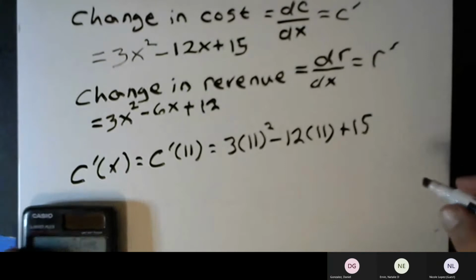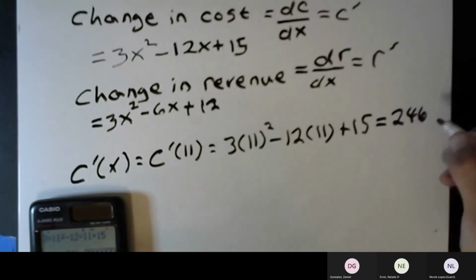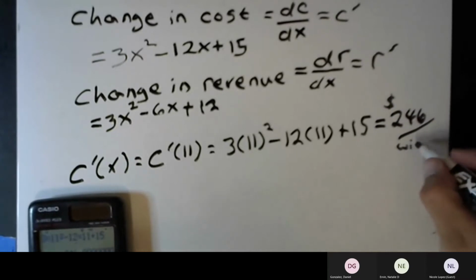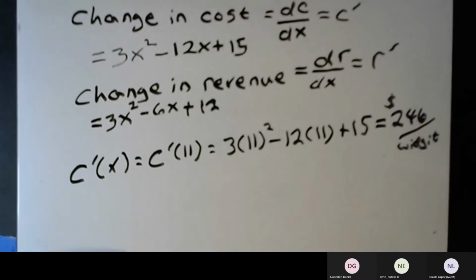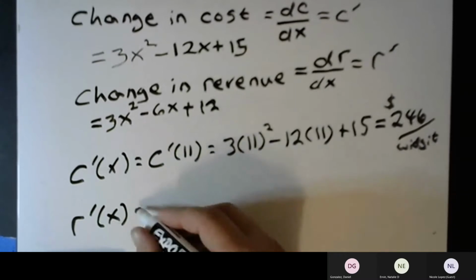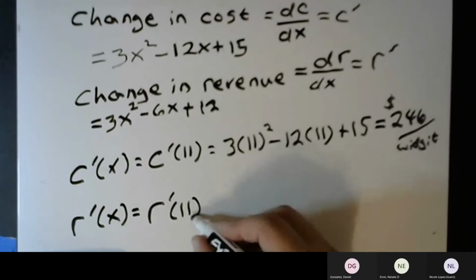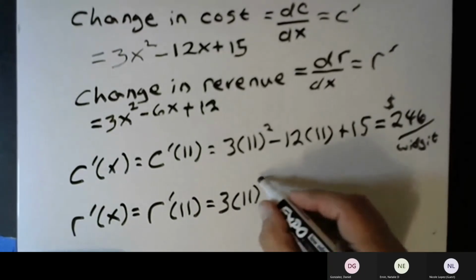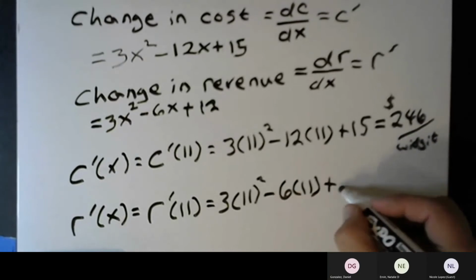And so we're going to get 246. And this is going to be dollars per widget. And then for the change in revenue, this will be R prime of 11, which is 3 times 11 squared minus 6 times 11 plus 12.